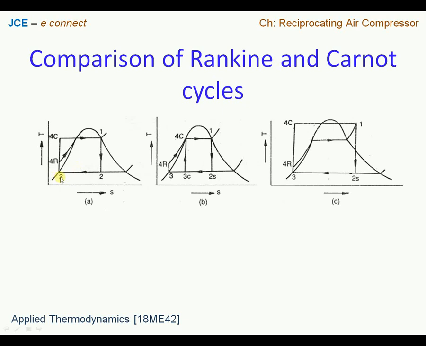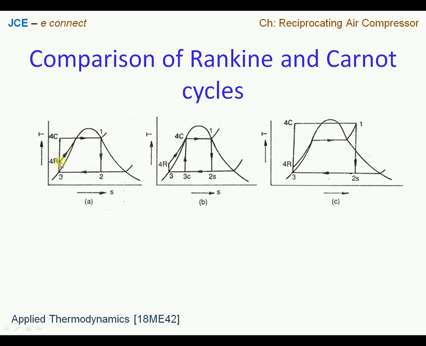Process 3 to 4 represents the reversible adiabatic compression work process, in other words for a pump, and process 4R to 1 represents reversible constant pressure heat addition for a Rankine cycle.